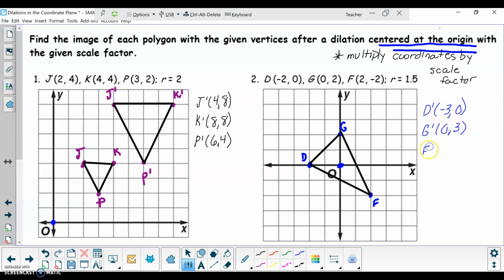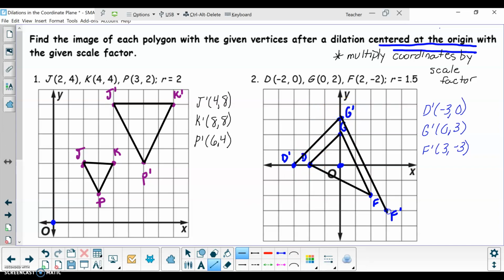And F prime is going to be 3, negative 3. Okay, so there's our image, which is 1.5 times the size of the pre-image.